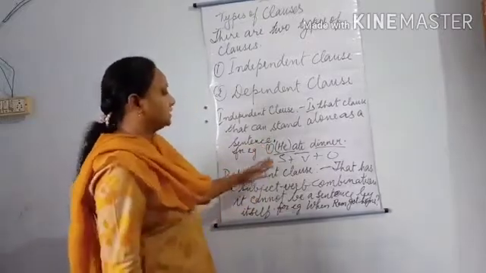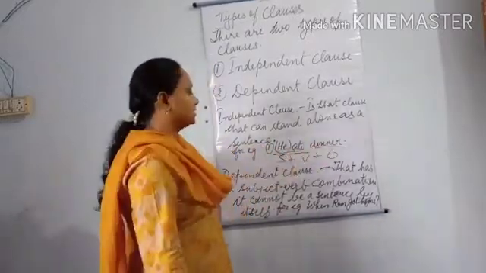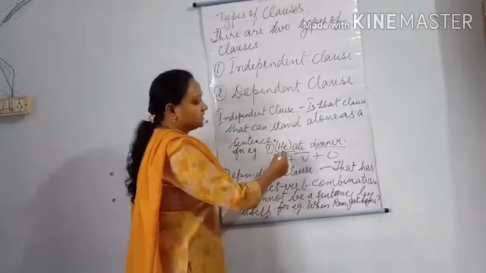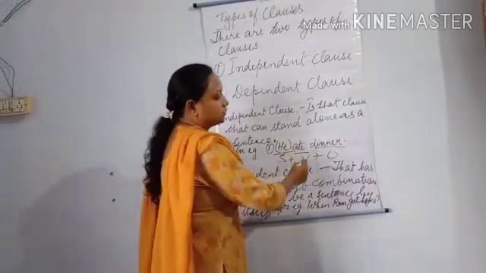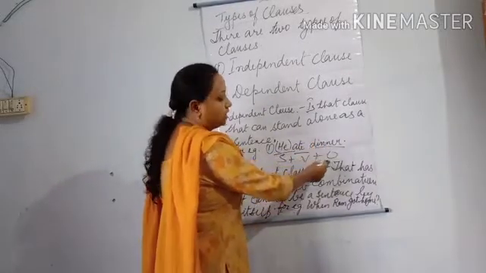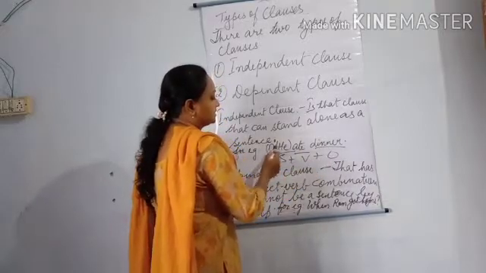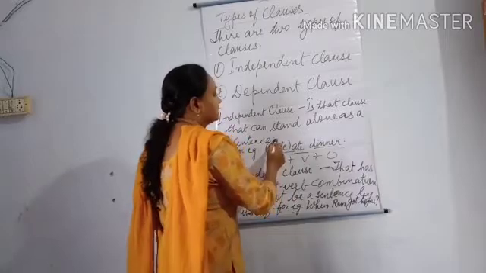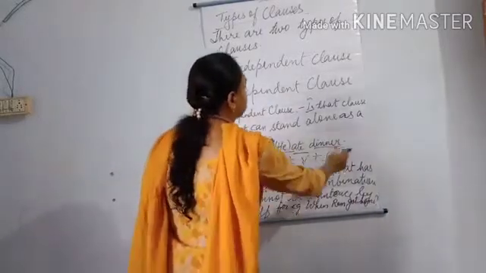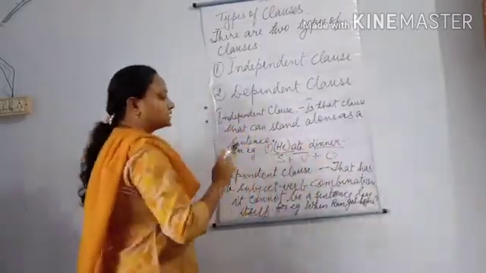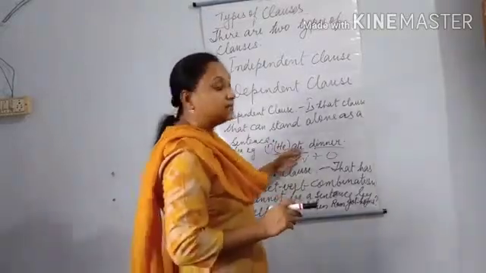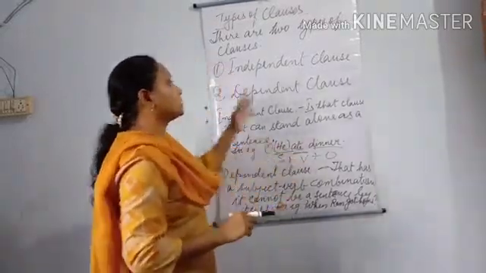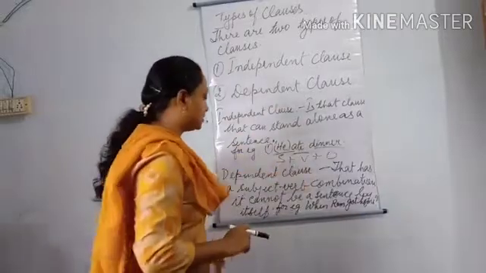For example, he ate dinner. Here he is the subject, ate is the verb, and dinner is an object. He ate dinner is giving a complete sense. That is why it stands alone as a sentence, and it is called an independent clause.